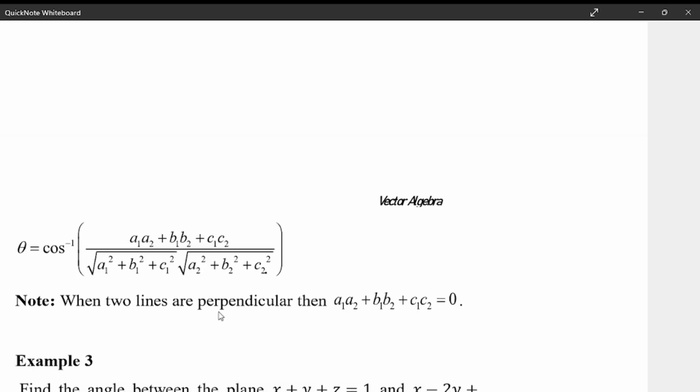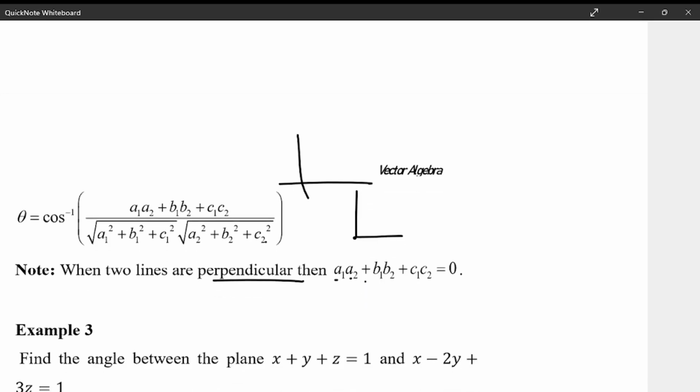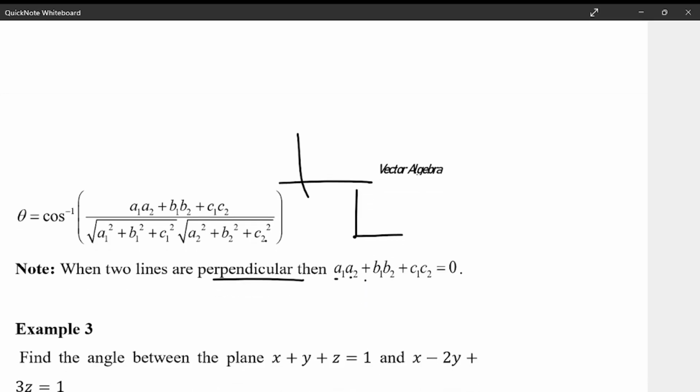If the two lines are perpendicular to each other, then the dot product between the two is 0, as we saw in lesson 2.